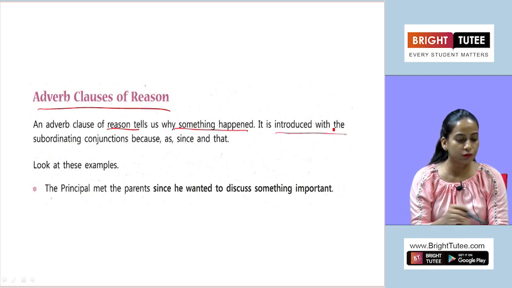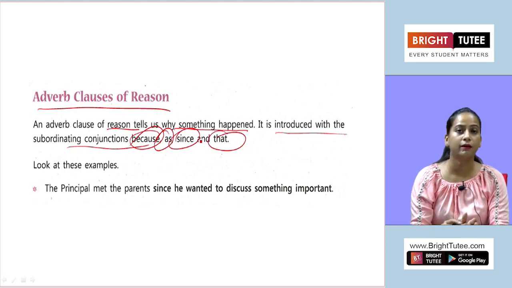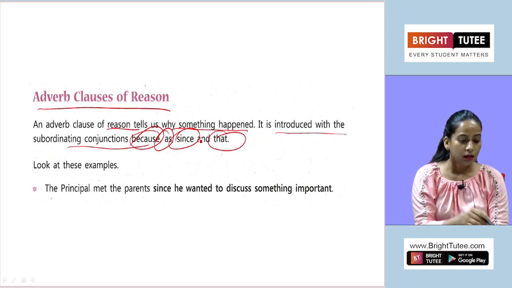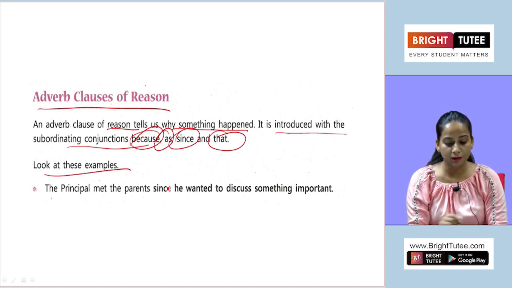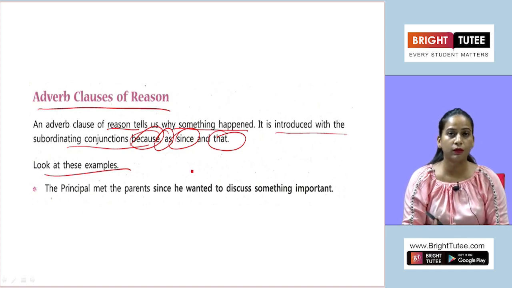It is introduced with subordinating conjunctions like because, as, since and that. These are the main words which are giving you the hint for the cause of something. Few examples they have given, and in these examples we have to keep focus on the highlighted words, which will give us the idea of how the adverb clause is used here.